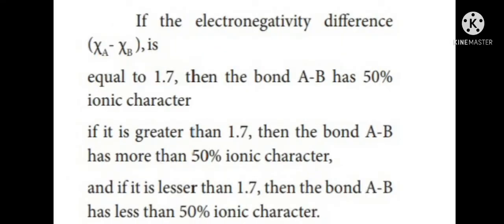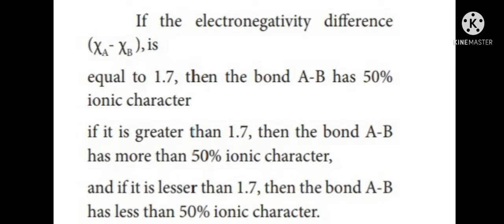If the electronegativity difference Xa minus Xb is equal to 1.7, then the bond A-B has 50% ionic character. If the difference is greater than 1.7, then the bond A-B has more than 50% ionic character.